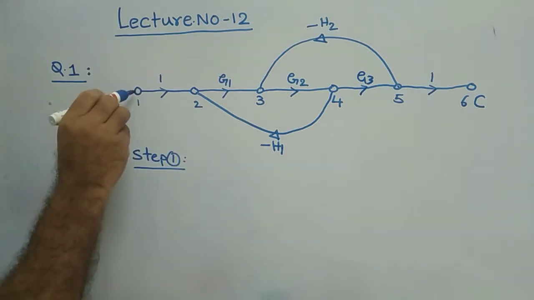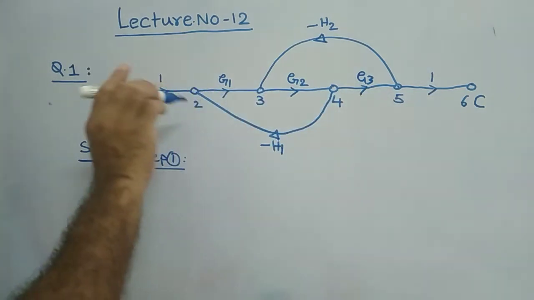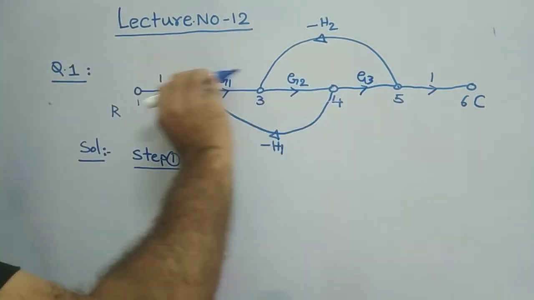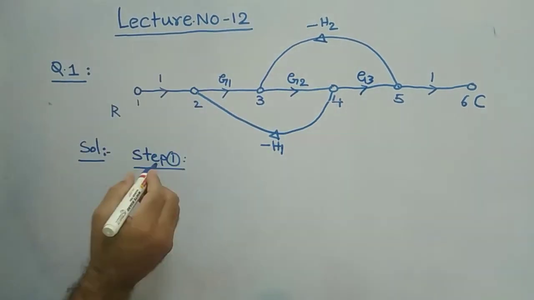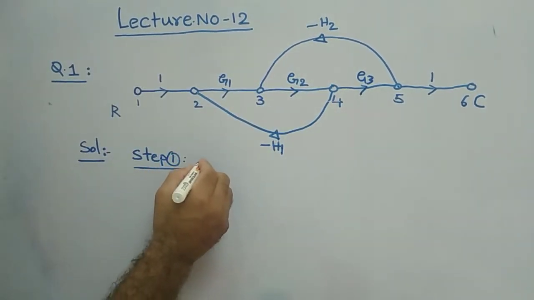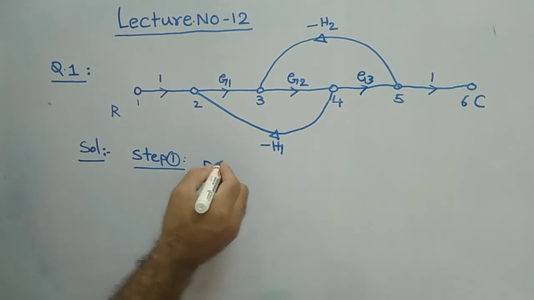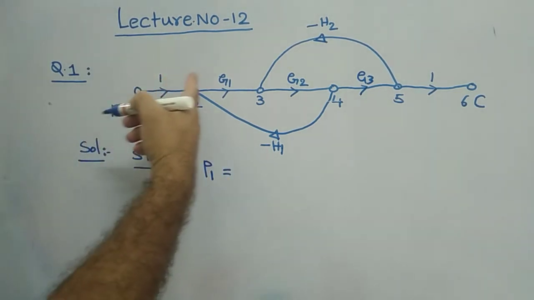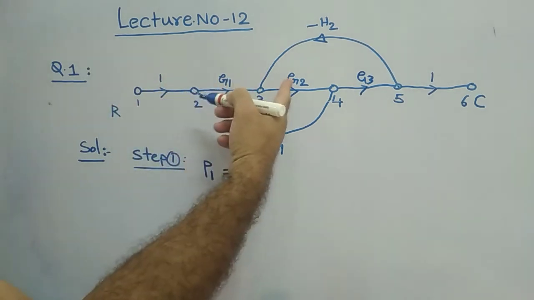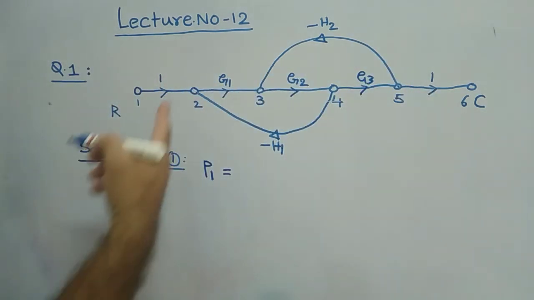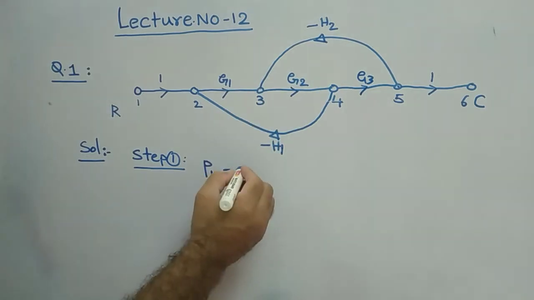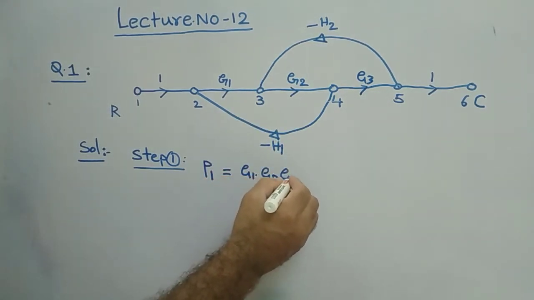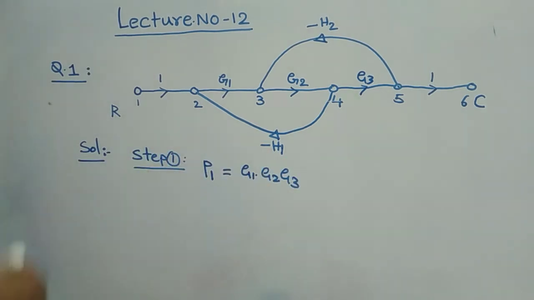So from R of S to C of S, this is the straightforward path actually. This is one direct path. That direct path you can consider as P1. What is the path gain? You multiply all the gains available, 1 into G1 into G2 into G3 into 1, nothing but G1, G2, G3, that's all. That is your first forward path.